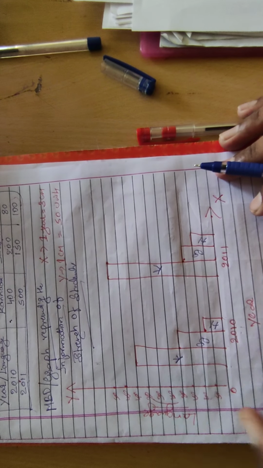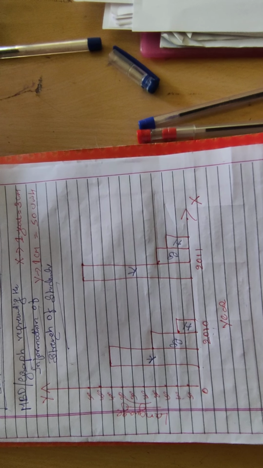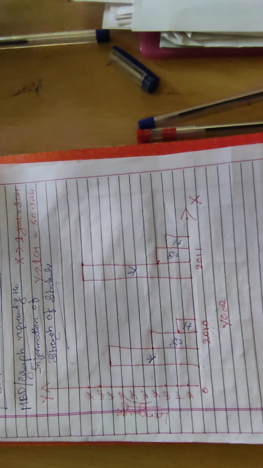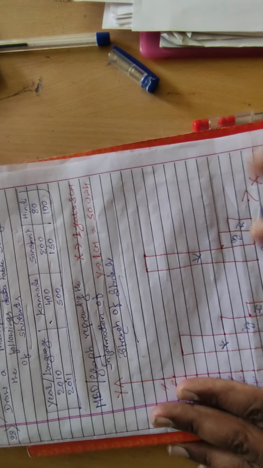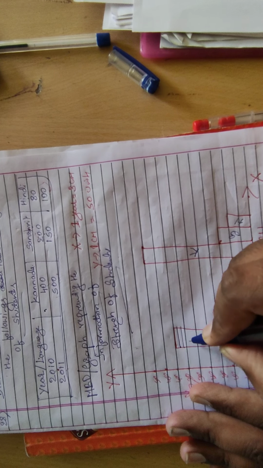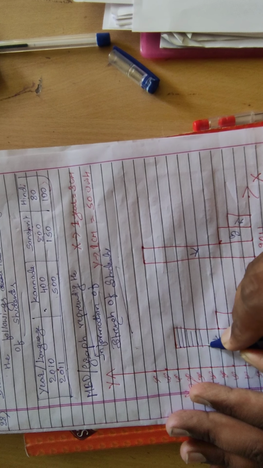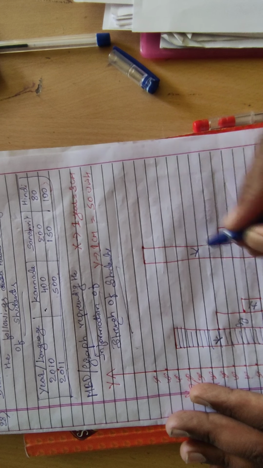Next we have to write a conclusion. Conclusion here means we should shade. For Kannada I will give straight line shading.